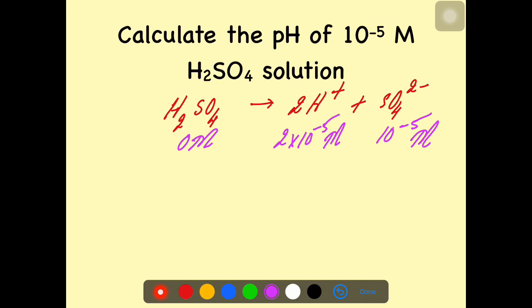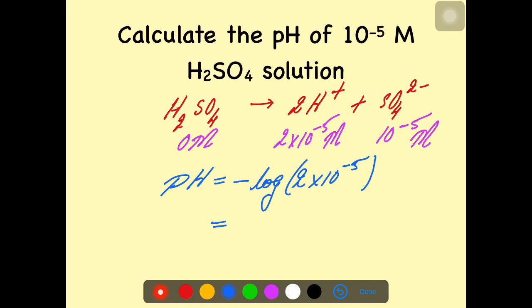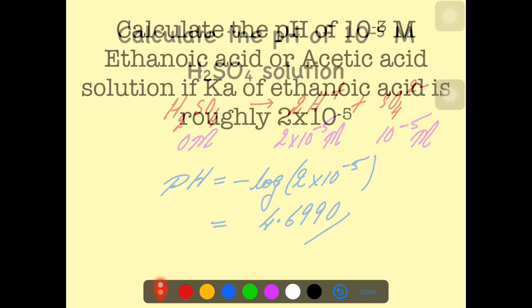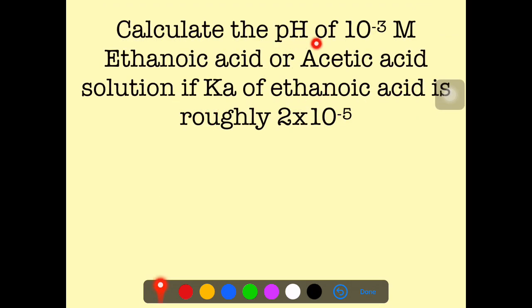So the pH will be negative log of 2 into 10 raised to minus 5 moles per decimeter cube, and that turns out to be 4.6990.